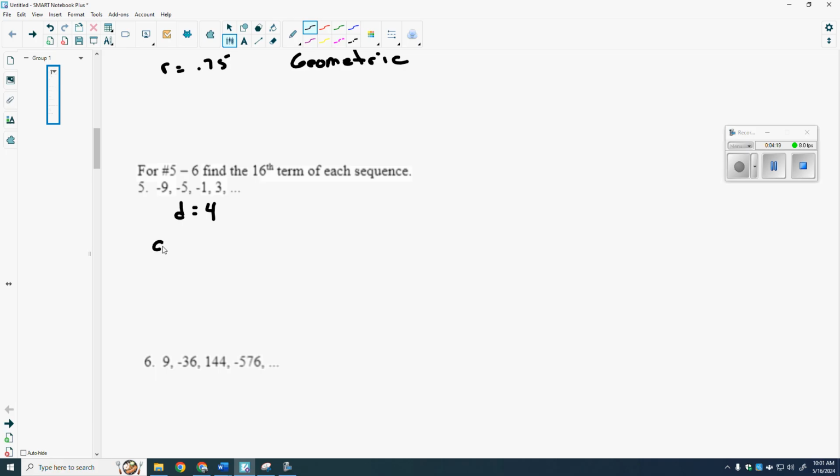Going to my formula, a sub n equals the first term plus n minus 1 times the difference of 4. We're looking for the 16th term, so a sub 16 would be negative 9 plus 16 minus 1 times 4. That's 15. 15 times 4 is 60. 60 minus 9 is 51.